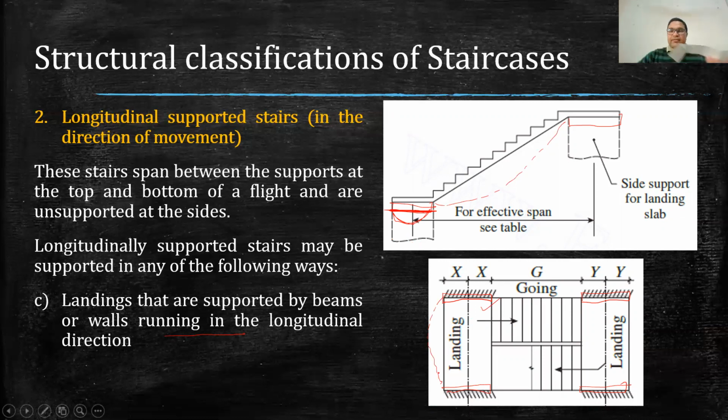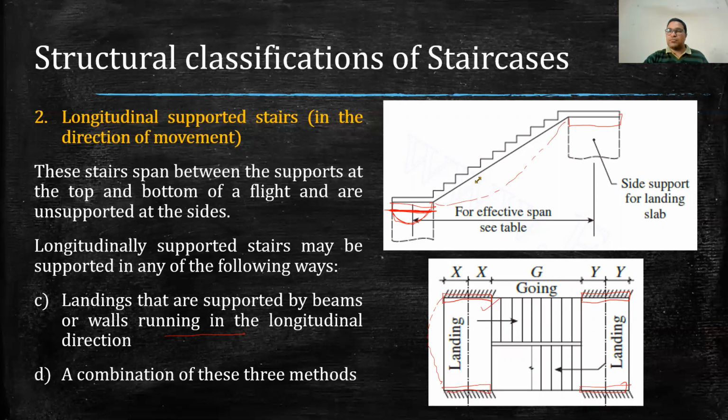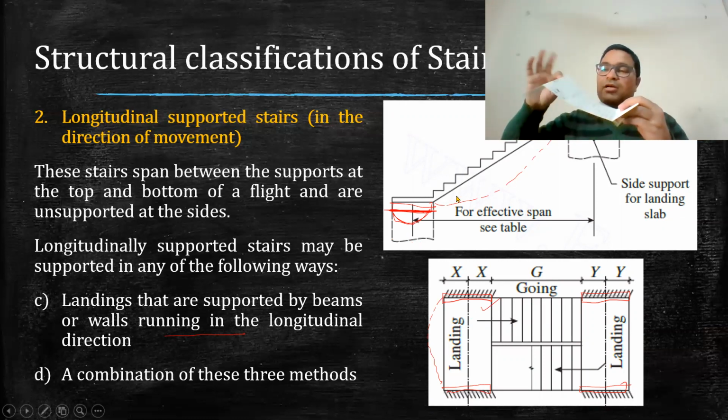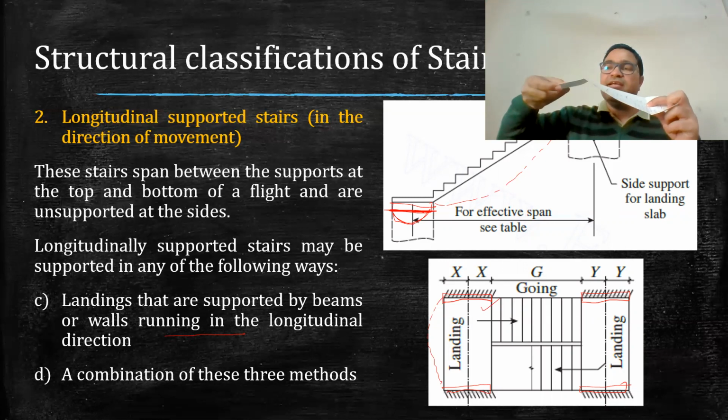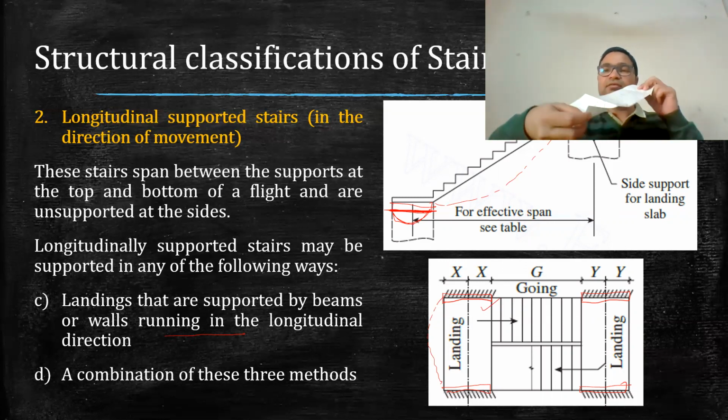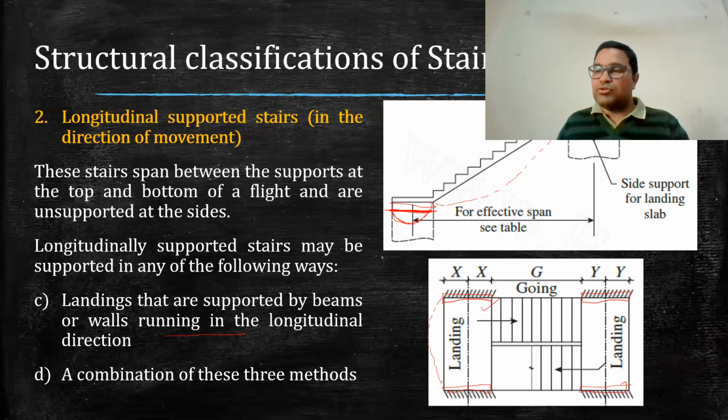So technically, in this case, first, in the flight, bending is occurring like this, and bending in the landing is occurring like this. So this is occurring in the direction of flight, and bending in the landing is like this. You can see here.